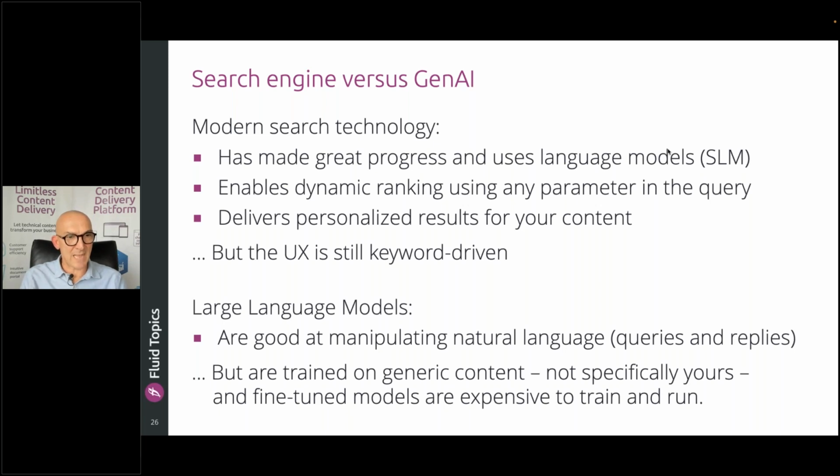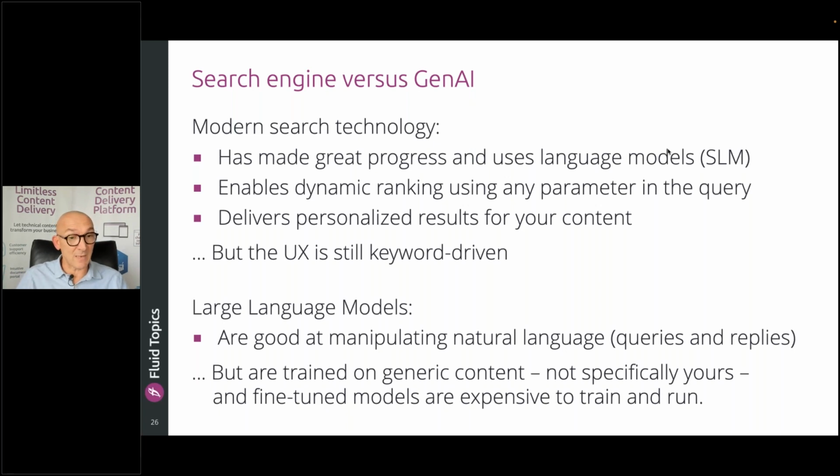Now the problem is that these large language models are trained on generic content, billions of pages of content, or at least hundreds of millions, and they are just modeling the language itself, not any particular knowledge, but just the language, generally speaking.